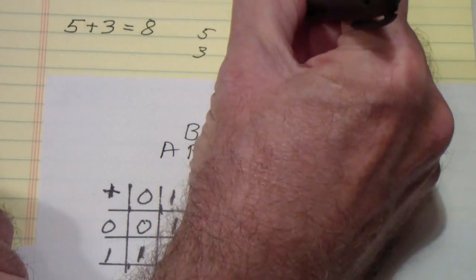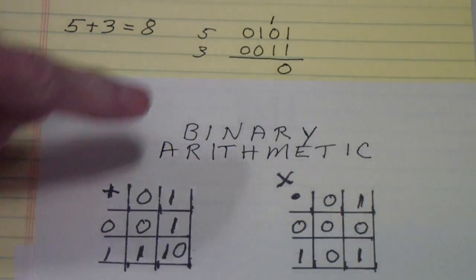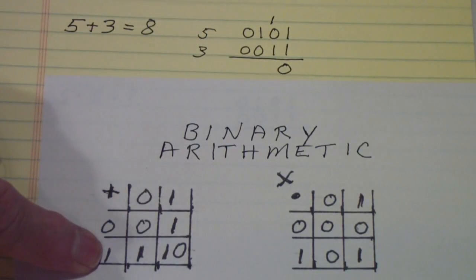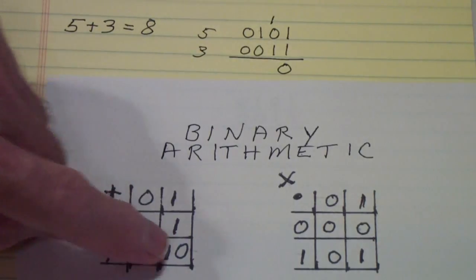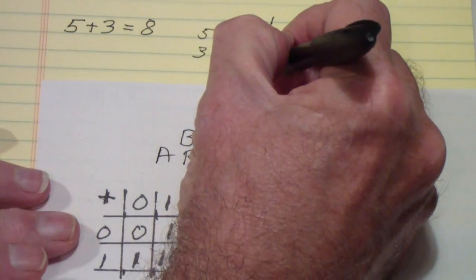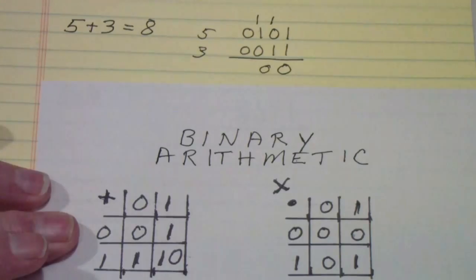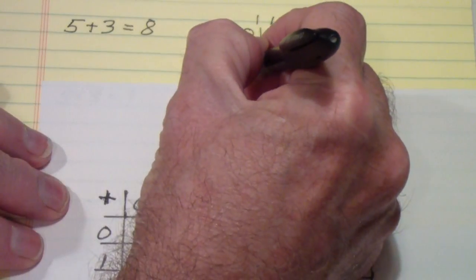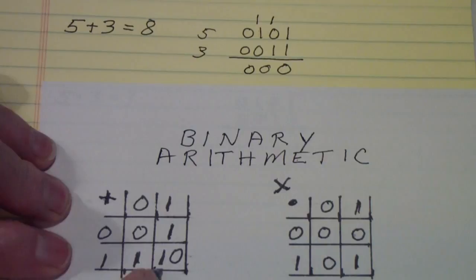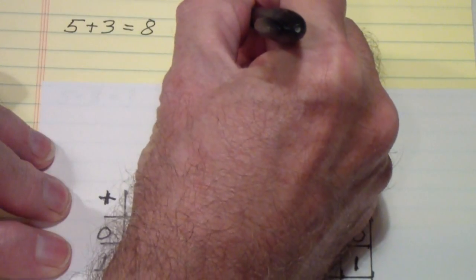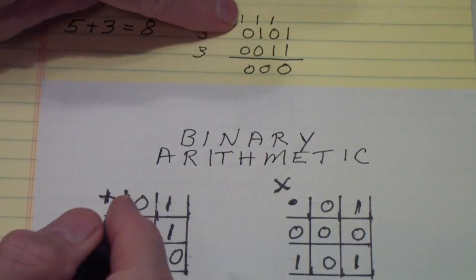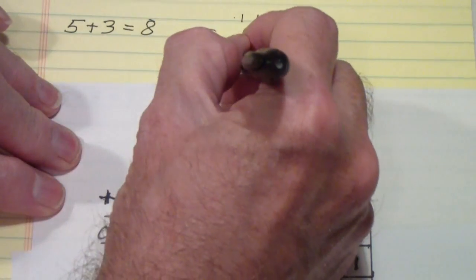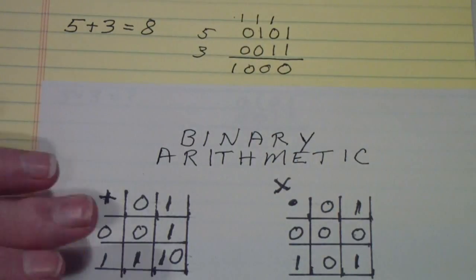We write down the 0, we carry the 1. 1 and 1 is a 0 with a carry of a 1. 1 and 1 is a 0 with a carry of a 1. 1 and 0 is 1.